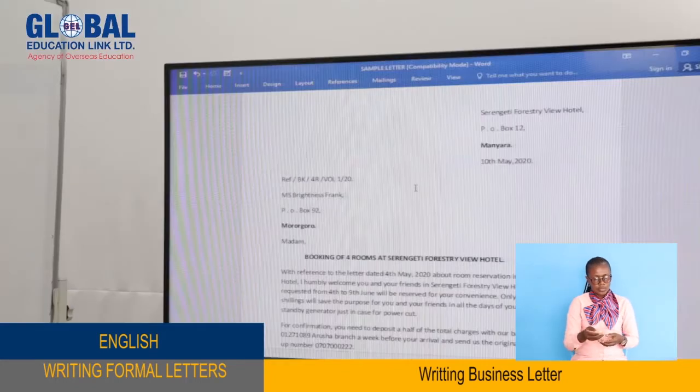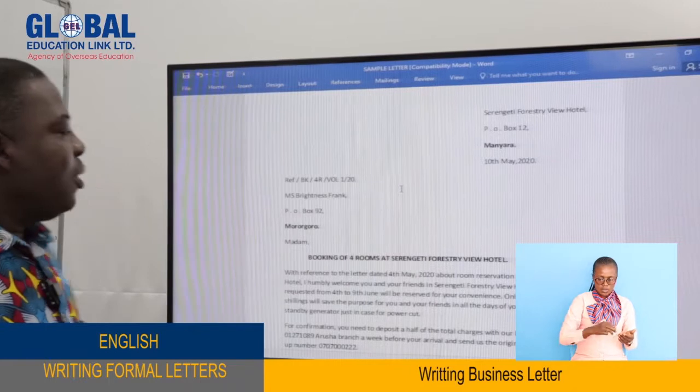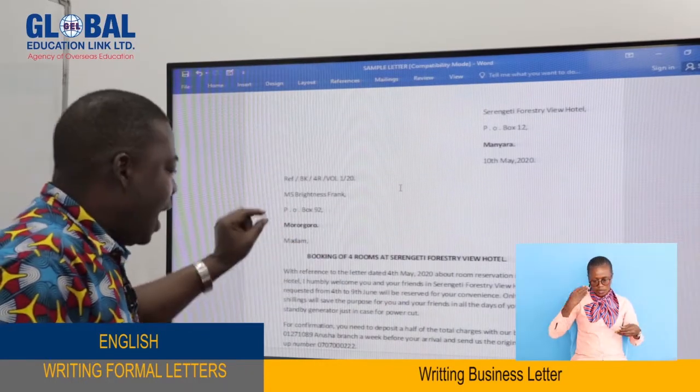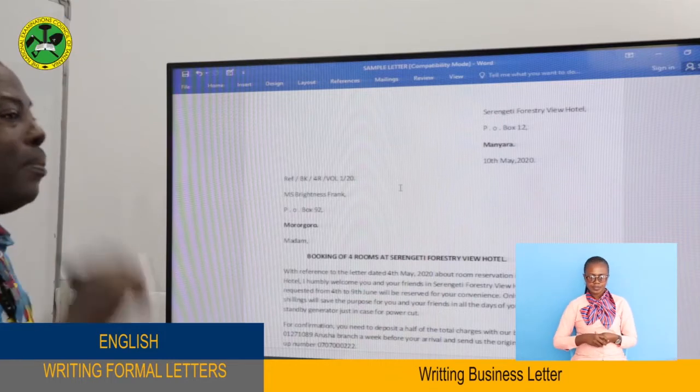And what comes thereafter is normal, as we saw when we were discussing the receiver's address. Now, since the person who has to receive the letter is female, that is the reason we had Madam. You have the subject. Now you can see the subject here has not been written with Sub.